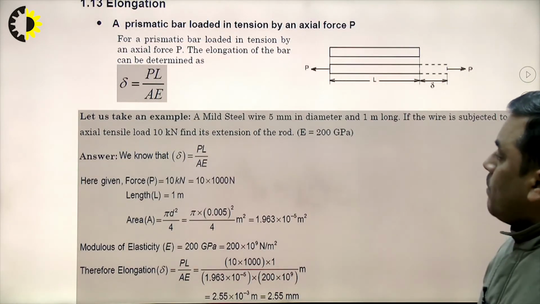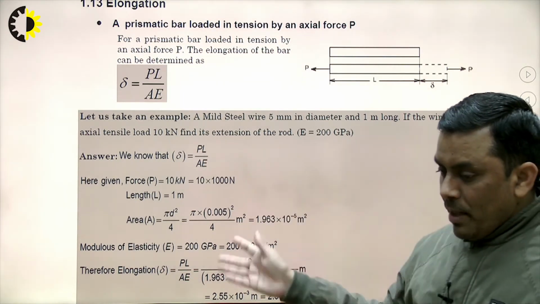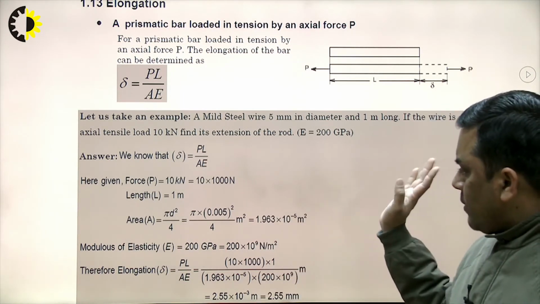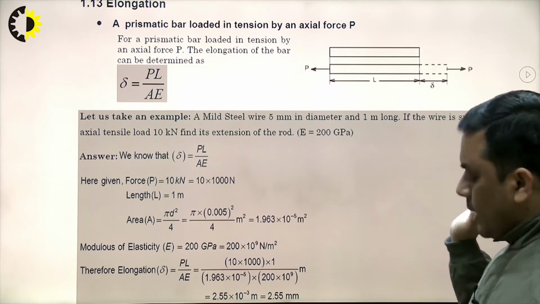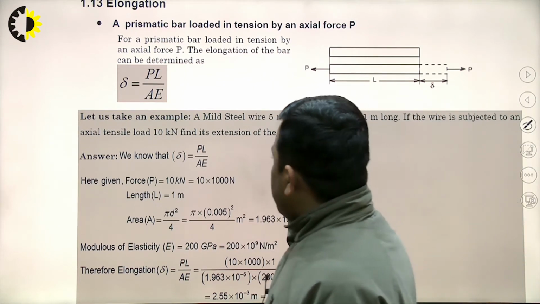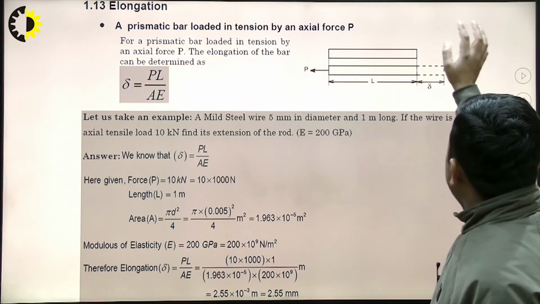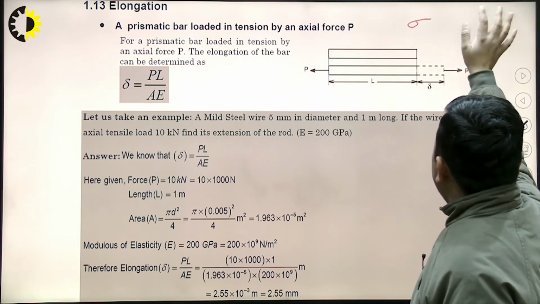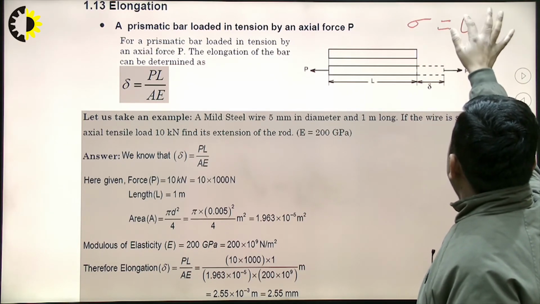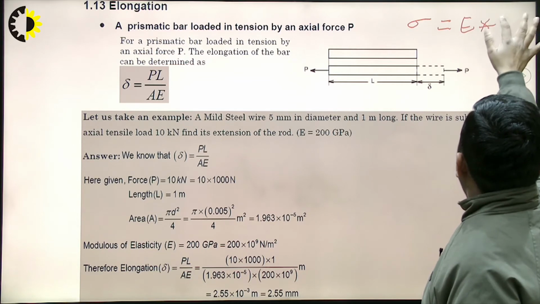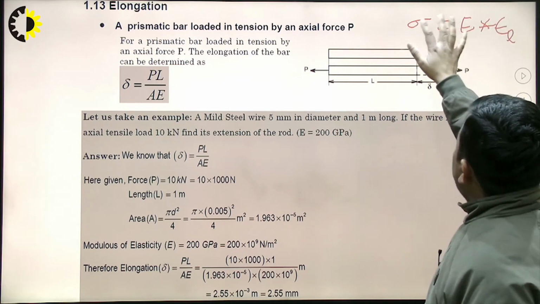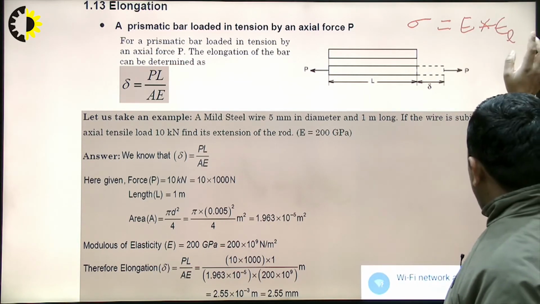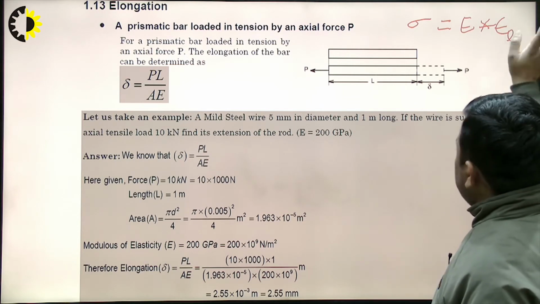Okay. Now, one more interesting thing, we can apply the concept of Hooke's law. Basically, it is based on Hooke's law simply, nothing else. What did we do? According to Hooke's law, we have written that sigma equals E into epsilon L. Sigma is the normal stress here, and epsilon L is the longitudinal strain.